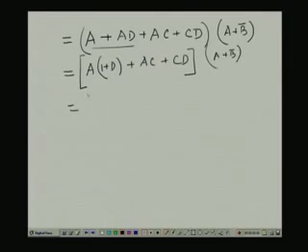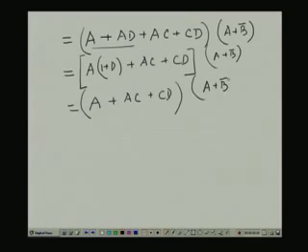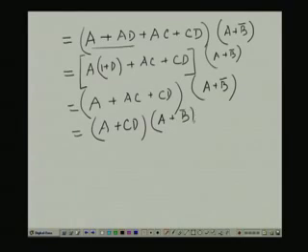From here again 1 plus D equals 1, so this becomes A plus the term A C plus C D, times A plus B bar. Now applying the same rule, A plus A C becomes A, as 1 plus C equals 1. So this becomes A plus C D into A plus B bar.